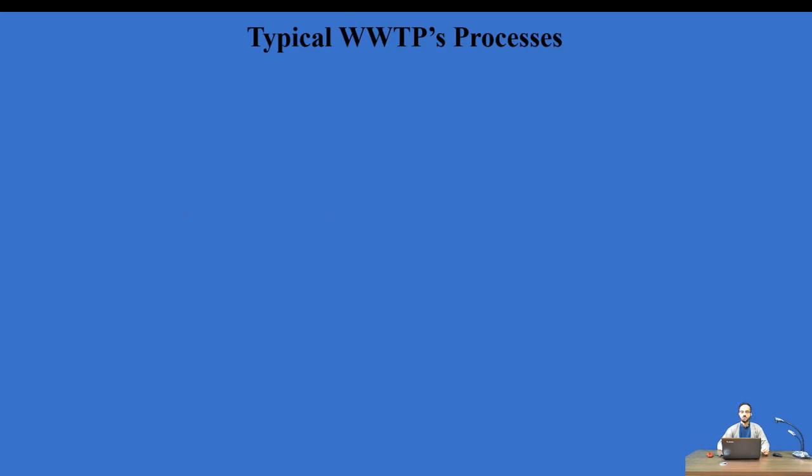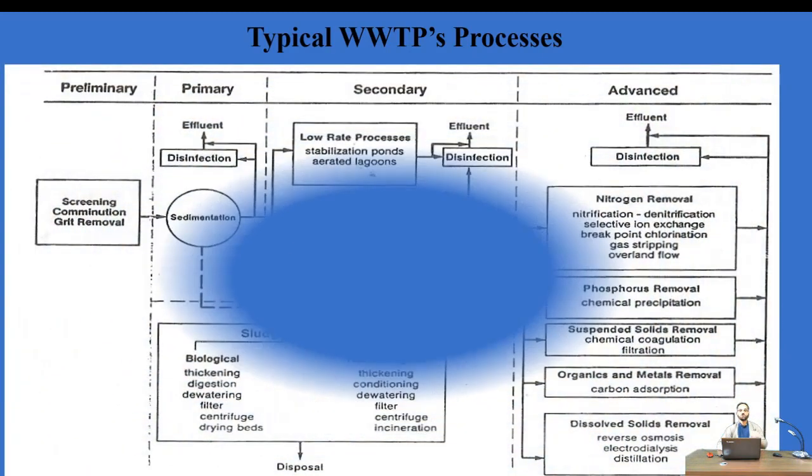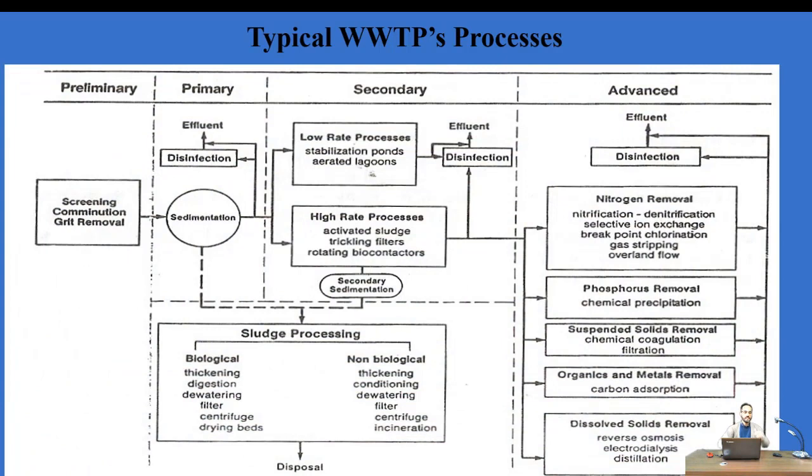The typical wastewater treatment process consists of four parts: first, preliminary treatment, second, primary treatment, third, secondary treatment, and fourth, advanced treatment.